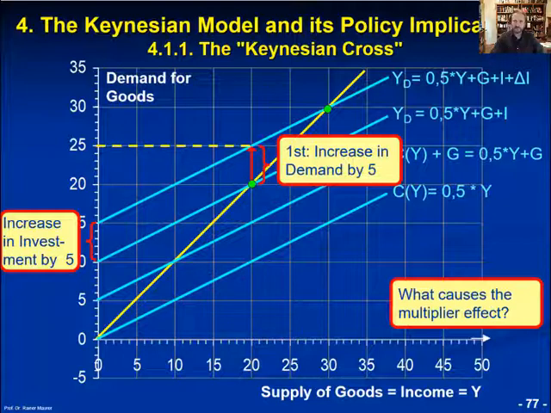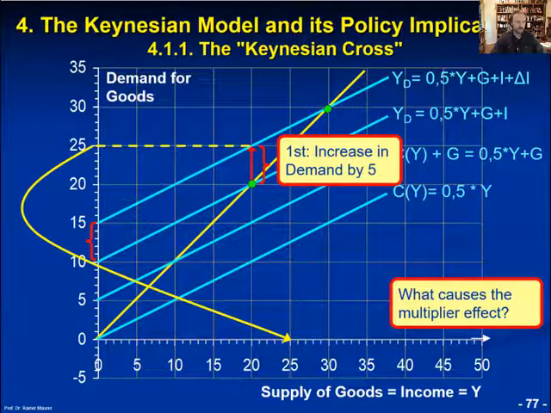As a result, firms adjust their production to the higher demand and produce 5 additional units GDP. That is the basic Keynesian assumption, that firms adjust their production always to demand. So if demand grows, firms will produce the increase in demand additionally and supply it.